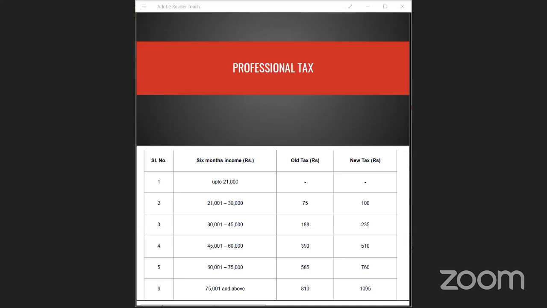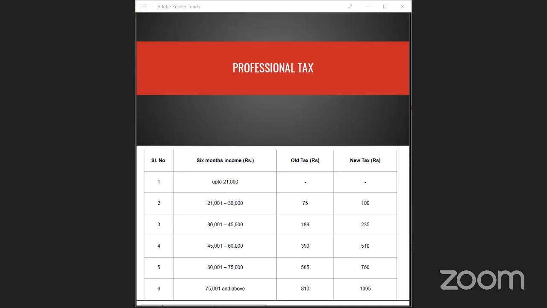Now let us see how the calculation works. Tamil Nadu and Kerala have a very similar type of calculation. The first thing you need to do is find the 6-month income. For example, say the gross salary is 10,000 rupees per month.